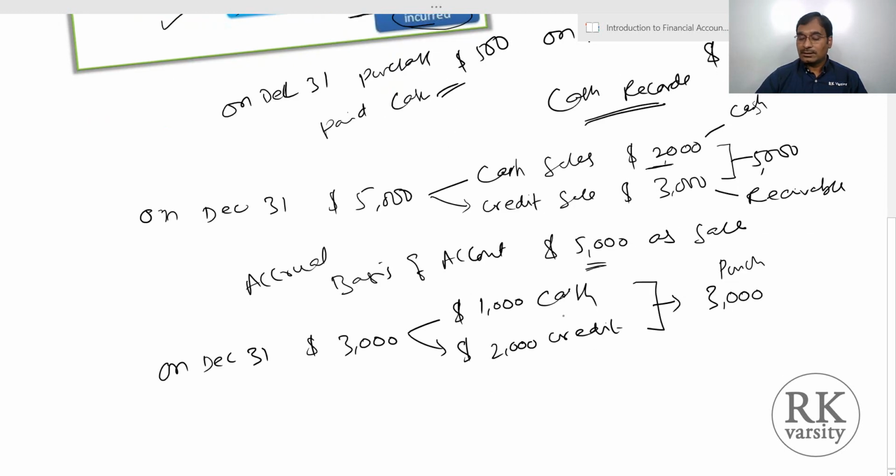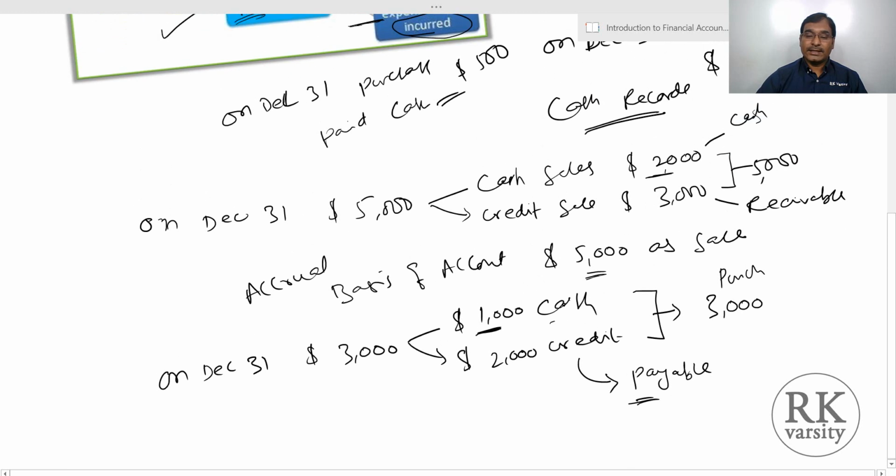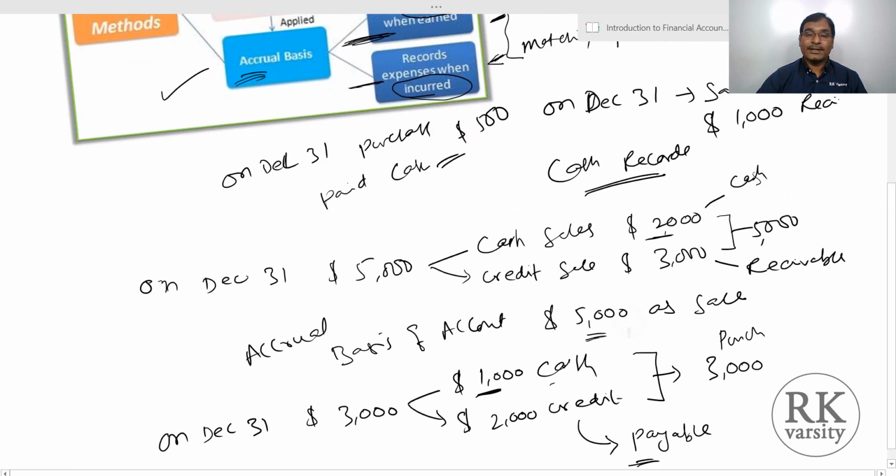Here 1,000 is cash paid and 2,000 is a credit which is to be paid, that is a payable. So payable is a liability. We show that we have to pay this amount. If it is only a cash basis, then we show only $1,000 as an expenditure.